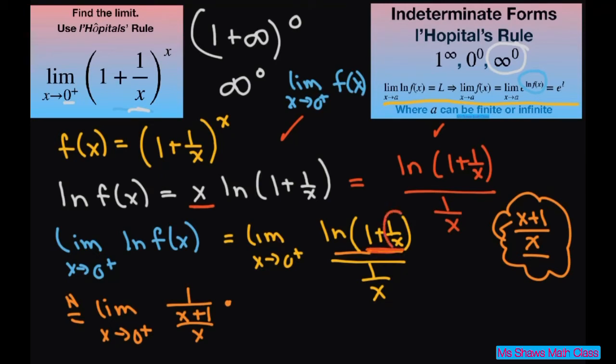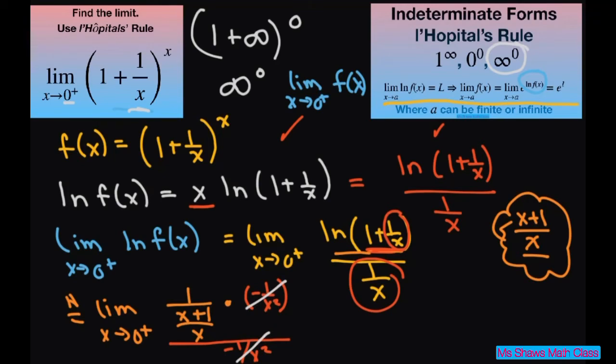So that's just going to be the derivative of 1/x, which is negative 1 divided by x squared. And then we have the derivative of the denominator, which is also negative 1 divided by x squared. So simplifying this, the x squared terms cancel out.